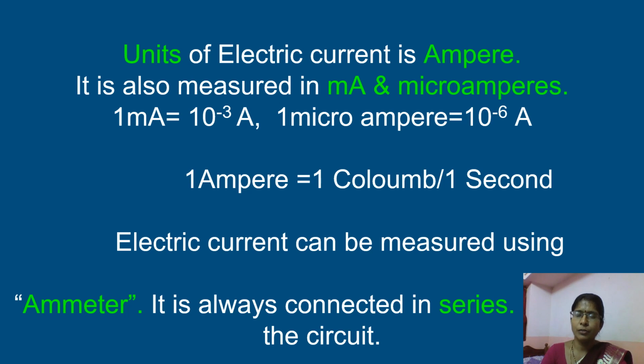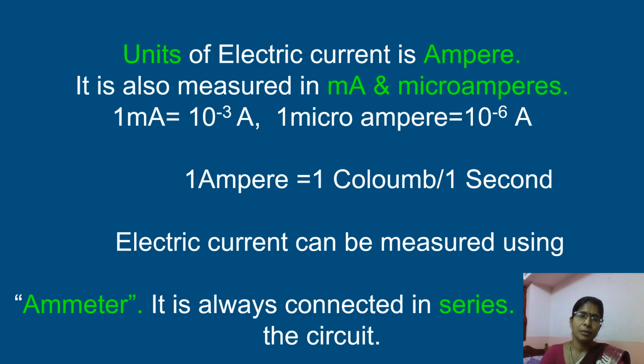The unit of electric current is named after the scientist Ampere for his service rendered towards science. So units of electric current are amperes, milliamperes and microamperes. 1 ampere is equal to 1 coulomb of charge per 1 second, and 1 milliampere is equal to 10 to the power of minus 3 amperes, and 1 microampere, denoted by the letter mu, is equal to 10 to the power of minus 6 amperes.